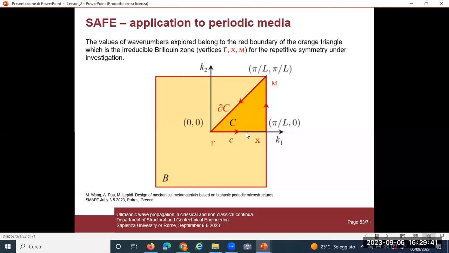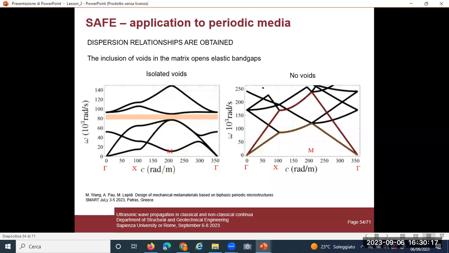It's actually a sort of abscissa, which runs through this red boundary here, where there are the arrows, that contains all the couples of wave numbers, of components of the wave number vector that one has to explore. To do what? To derive a dispersion relationship, which is exactly this one.